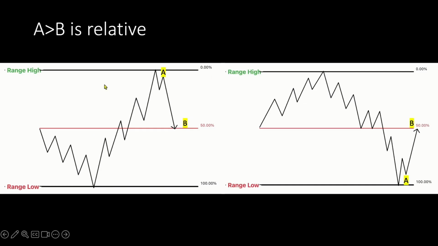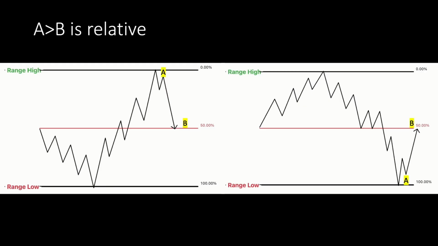You wait for price to reach a drawn liquidity for a buy program, and the moment that you recognize signs of the market potentially turning around and a change in state of delivery occurs for a sell program, you can go short in that first retracement higher, this short point A. However, as you can notice, point B is not on the opposite side of the range. Why is that the case?